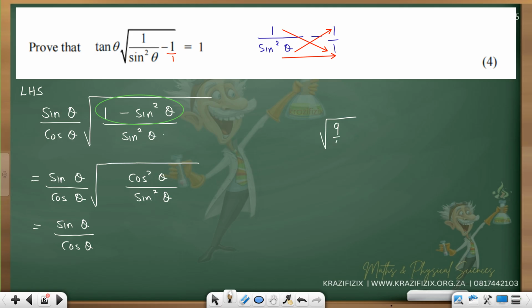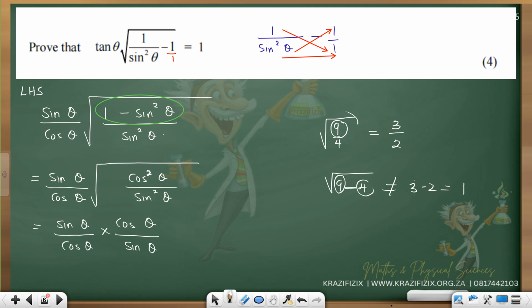If I ask you the square root of 9 over 4, the square root of 9 is 3 and the square root of 4 is 2, so it's 3 over 2. So what is the square root of cos squared theta? It is cos theta. Guys, you can't tell me the square root of 9 minus 4 is 3 minus 2, which is 1. That would be wrong. We can only do that when we multiply or divide, as with laws of exponents and laws of surds.